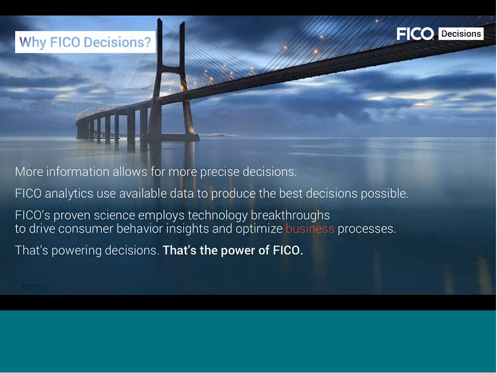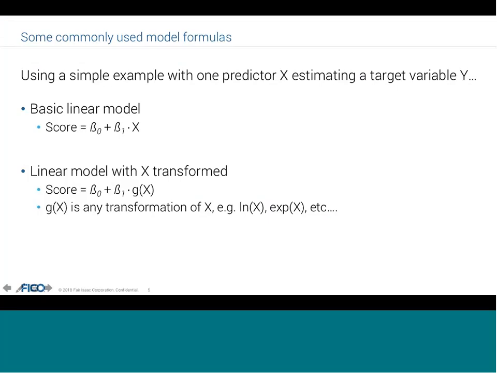Okay, with that, I'd like to start off such that we're all on common ground. I'd just like to go through some commonly used model formulas, and all of them are going to be in their most simple example, a single predictor X when we're estimating a target variable Y. Probably everyone is familiar with the basic linear model.